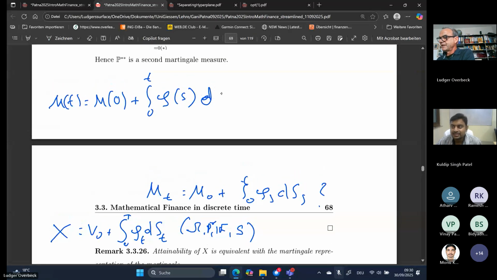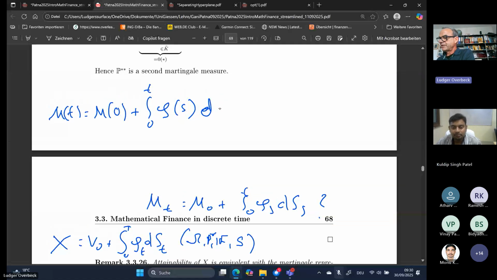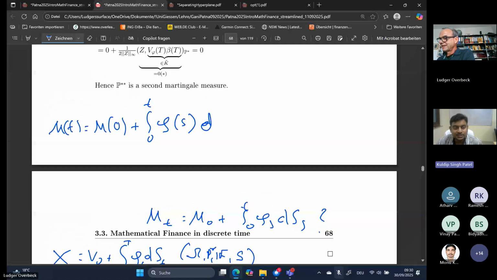It reminds you, you shouldn't look into the AI, look in your own mind. So how does it look like?